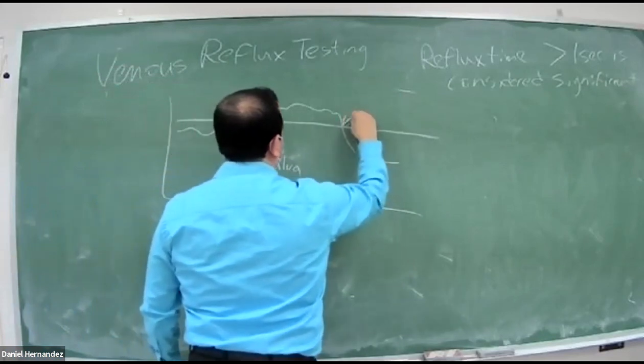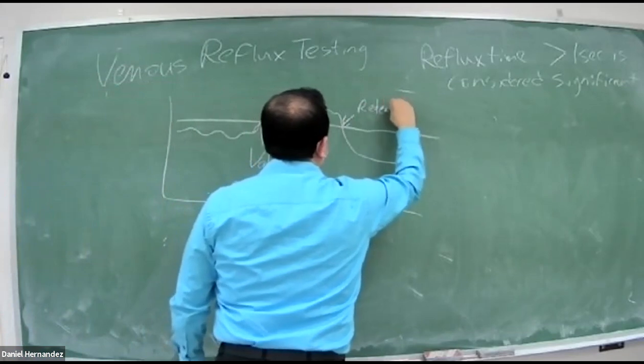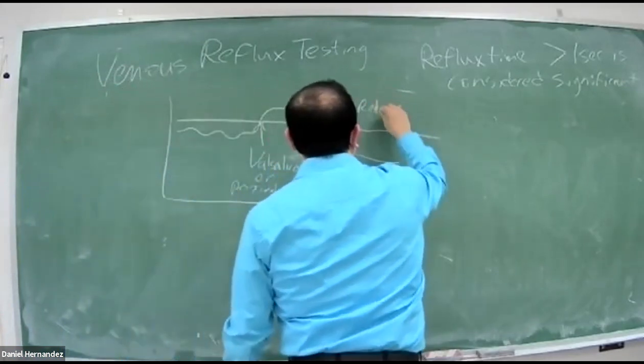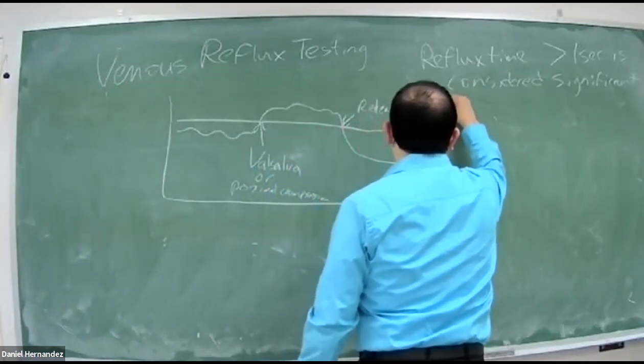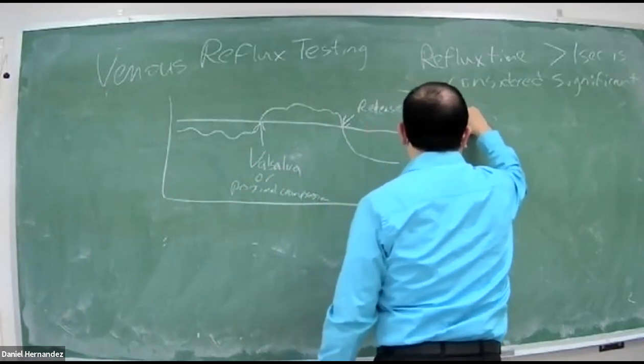And then this would be your point of release. So you can have them relax, stop Valsalving, or release compression. So this is release of Valsalva or compression.